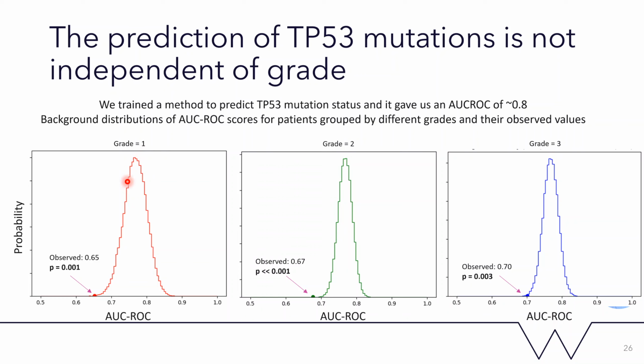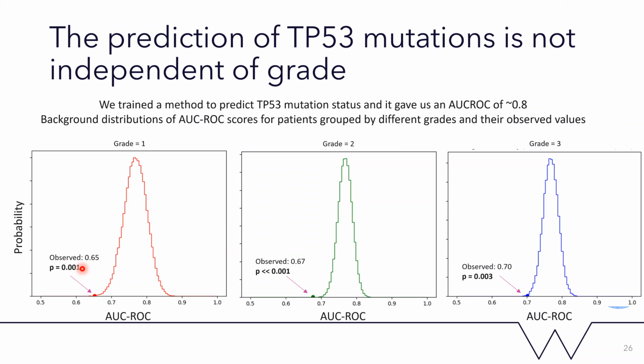The expected performance for grade 1 patients should be around 0.77. The expected performance for grade 2 should be around the same, 0.77. And the expected performance for grade 3 patients should also be the same if the model is basing its prediction solely on TP53 mutations and not grade.